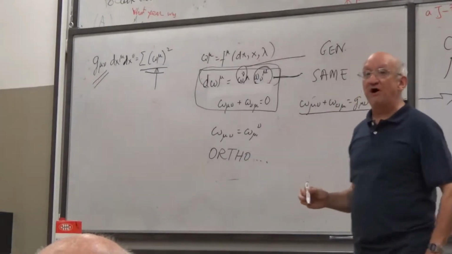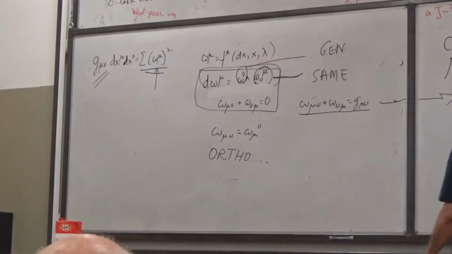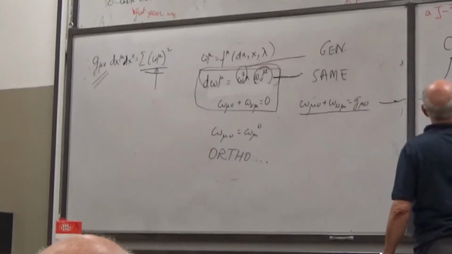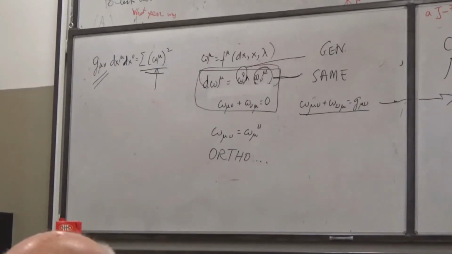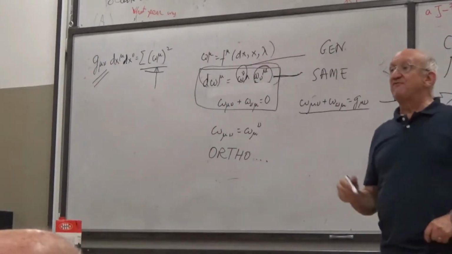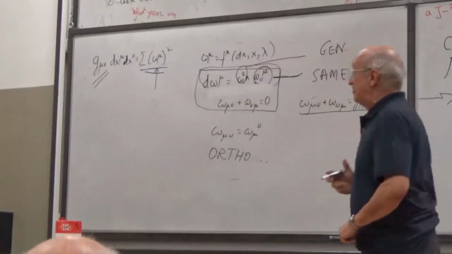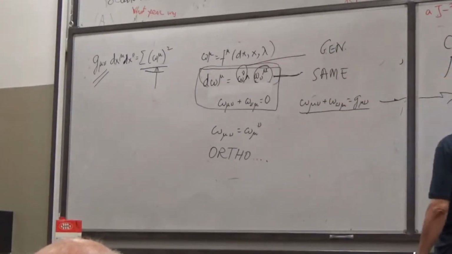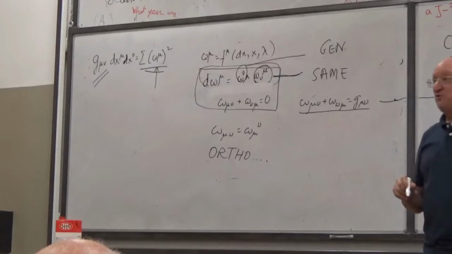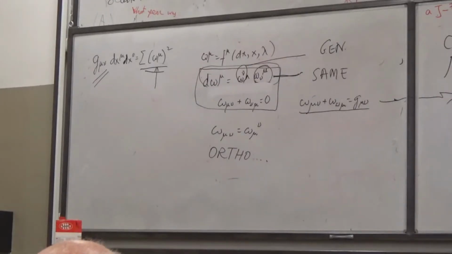How do you solve that for the omega mu mu? How do you solve for the Christoffel symbols? You solve this system. You make 3 copies of this, you remember that, and then you use this here, and you get gamma mu mu lambda.